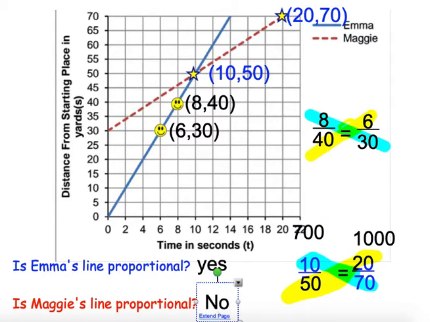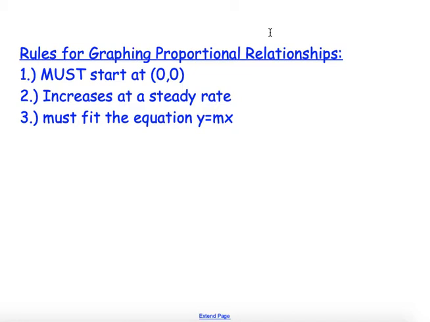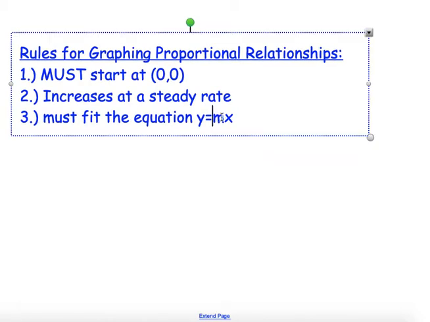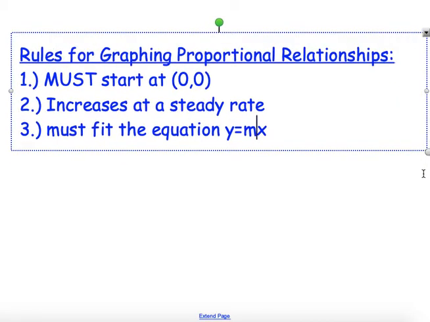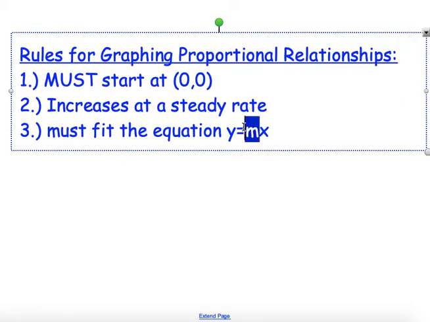All right. In your notes, you guys were right. It has to start at 0, 0. And it's going to increase at a steady rate. And the equation for a proportional relationship is y equals mx. I'm going to change the m, because that's really the only number you have to change here.